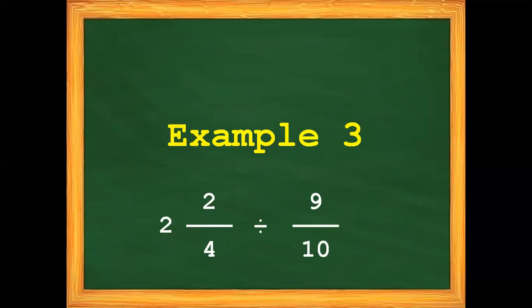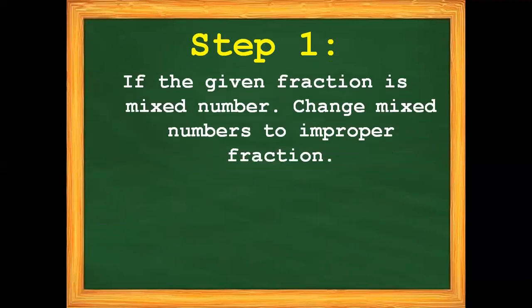Let's proceed with example number 3. We have 2 and 2/4 divided by 9/10. Step number 1. If the given fraction is a mixed number, change the mixed number to an improper fraction.